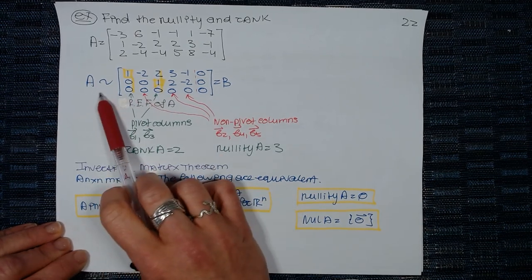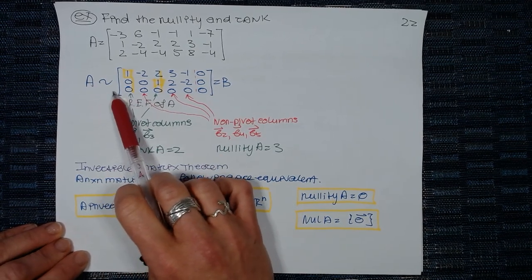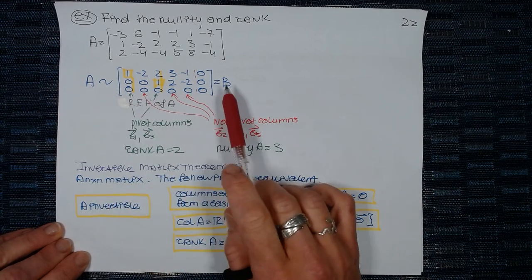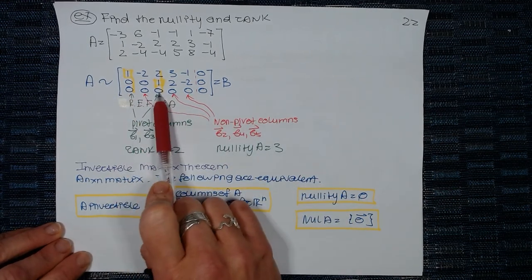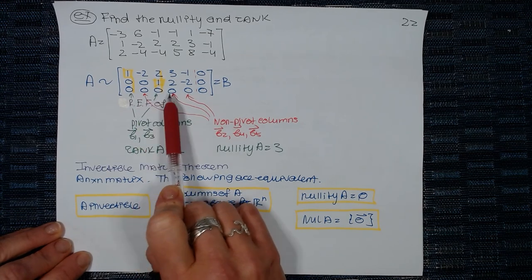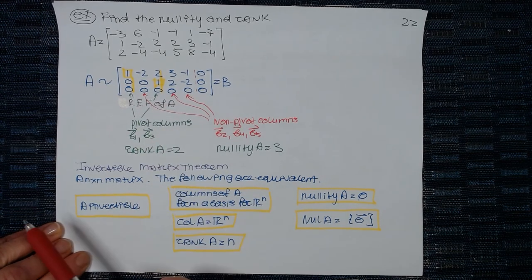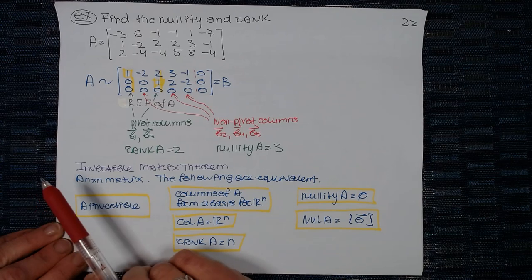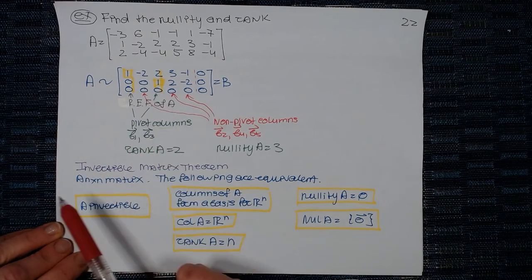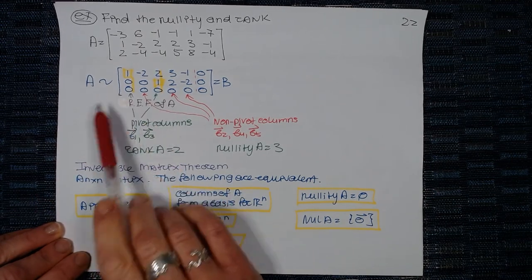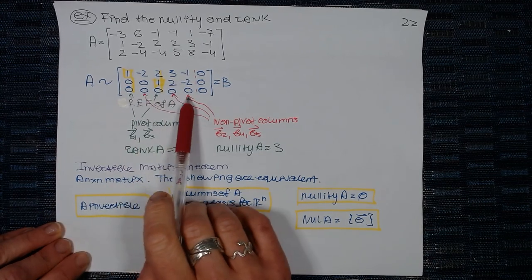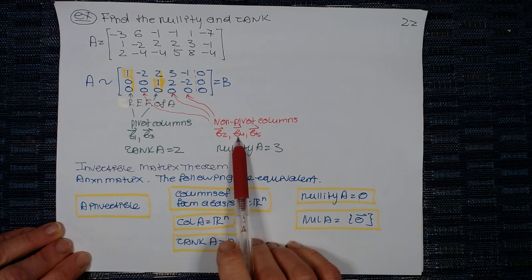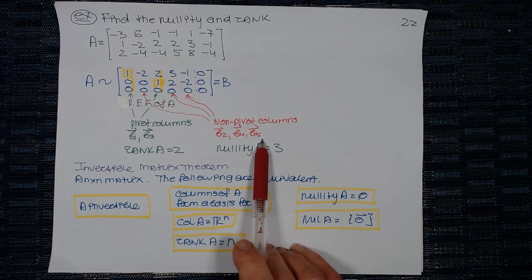So if I did my row elimination algorithm, my row echelon form of A is matrix B. I identify my pivot columns and my non-pivot columns. If I just want to know the rank and nullity, the number of pivot columns will be my rank. So here I have pivot columns B1 and B3. And then the rest, my non-pivot columns B2, B4, and B5, give me my free variables.